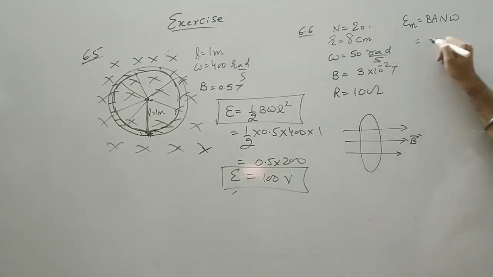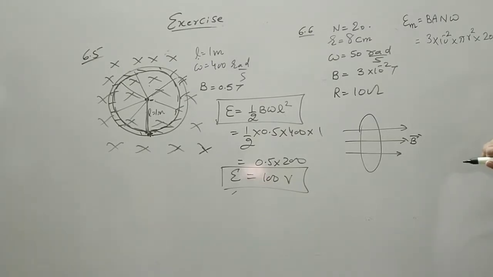So this will be equal to B, which is given, 3 into 10 raised to minus 2, area that is pi r square, number of turns 20, and omega is 50. You can find out the maximum EMF induced in this coil, substitute values and find out the answer.